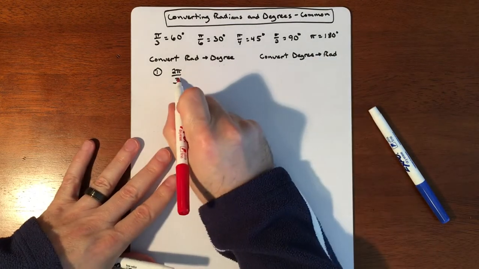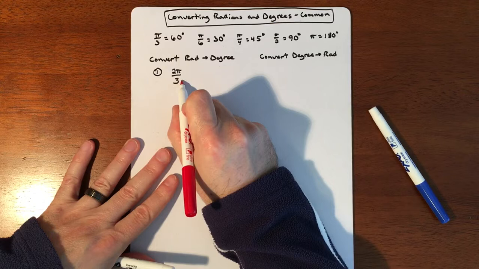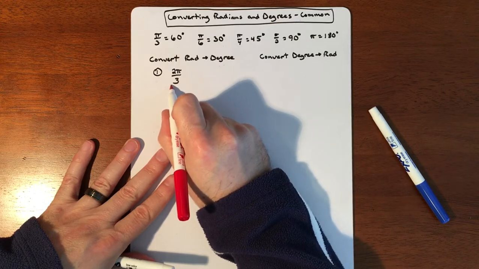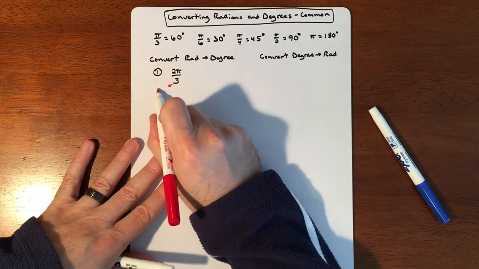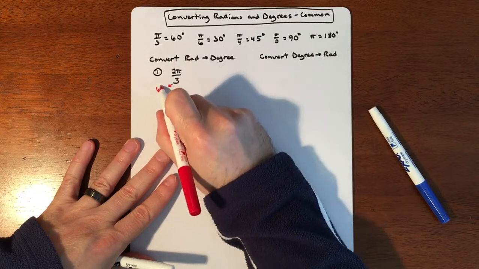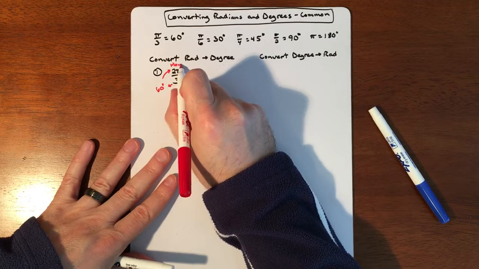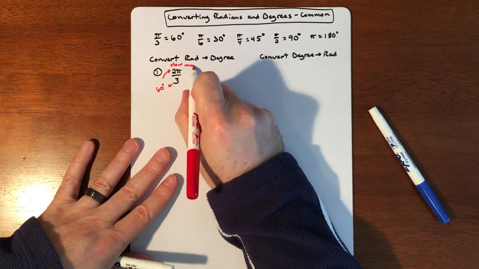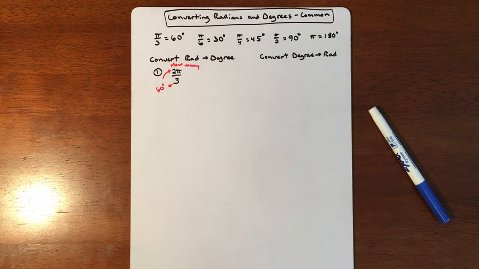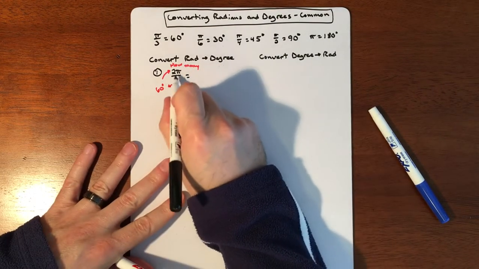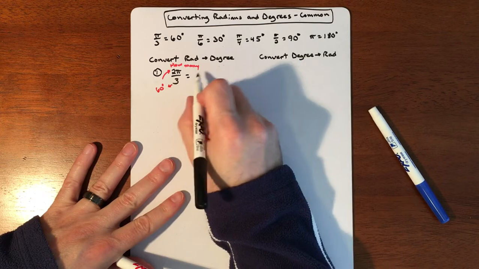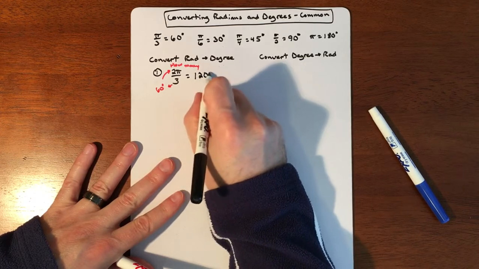This piece right here is referring to the fact that I'm dealing with a bunch of 60s, and this is how many? So that can make these things go very, very quickly. If you have two 60-degree angles, then you are talking about 120 degrees.